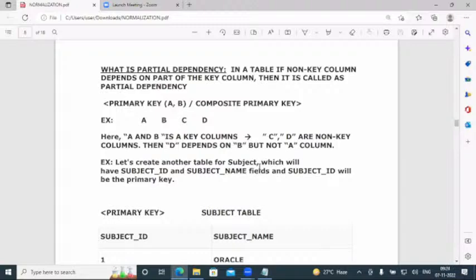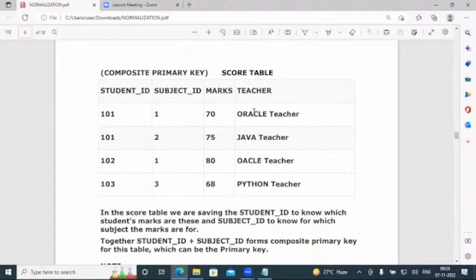Understand? Let me see an example on this. Here, carefully observe. I have a score table. In the score table, student ID and subject ID, both of them are composite primary keys. Marks and teacher are non-primary keys. First, the marks column, check it out. The marks column depends on student ID and subject ID, both of them.